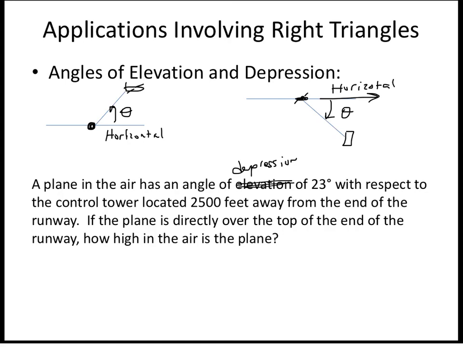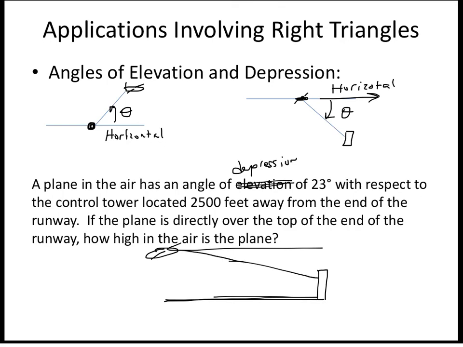If the plane is directly over top the end of the runway, so here I'm drawing a runway, and here I have my airplane, and here I have my control tower. Here's my horizon from the airplane's perspective, and here is my 23 degrees of depression. We know it's 2,500 feet away.